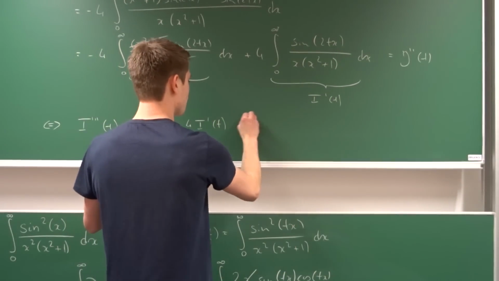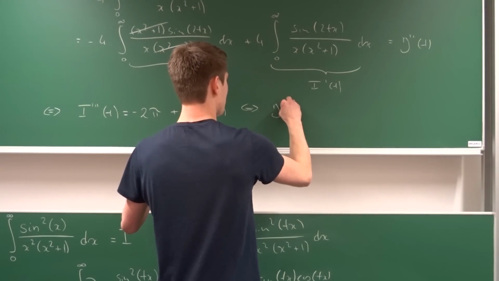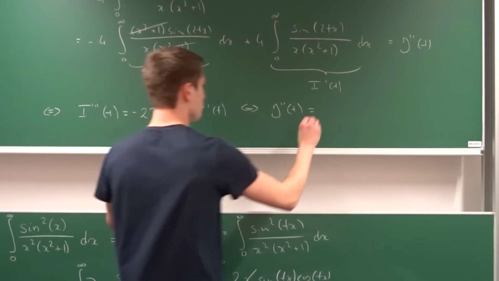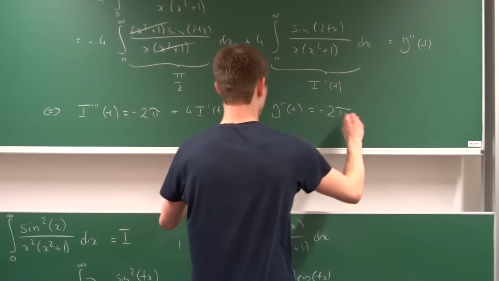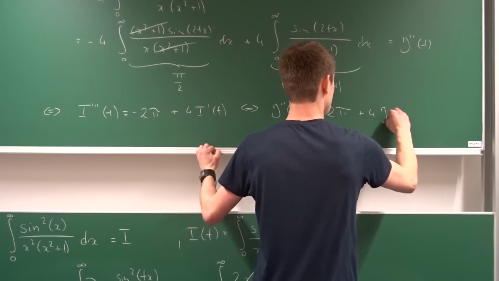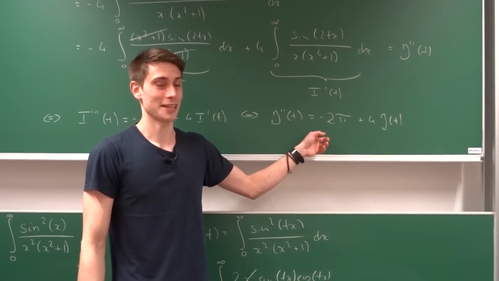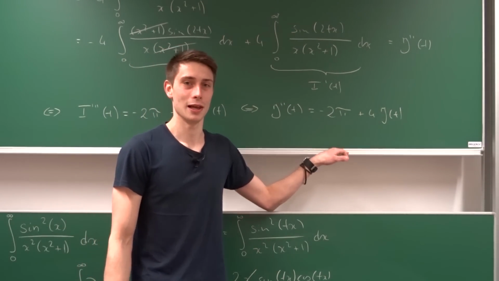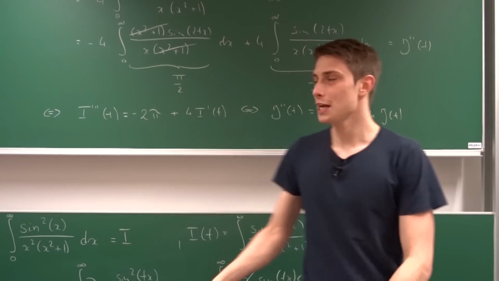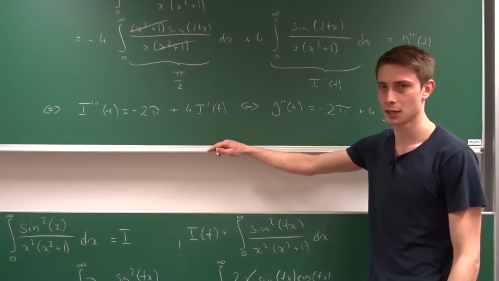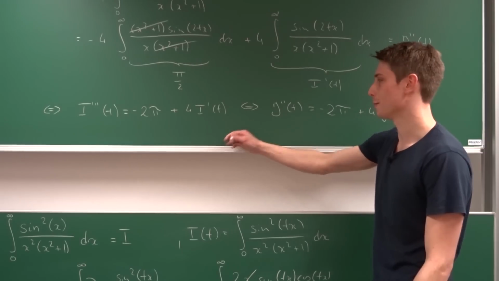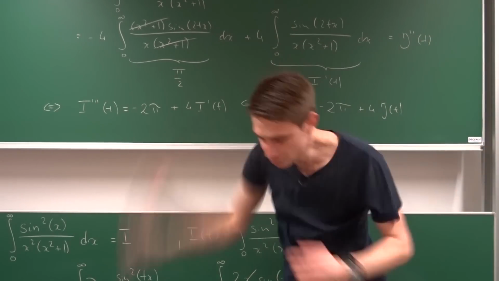So this right here is j double prime in terms of t equals minus 2 pi and then positive 4 j in terms of t. And this right here is just a second order, ordinary, linear, inhomogeneous differential equation. What a long term, and we are going to solve it now using Laplace transforms.